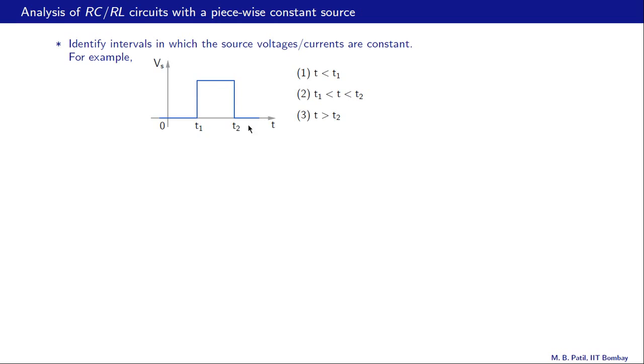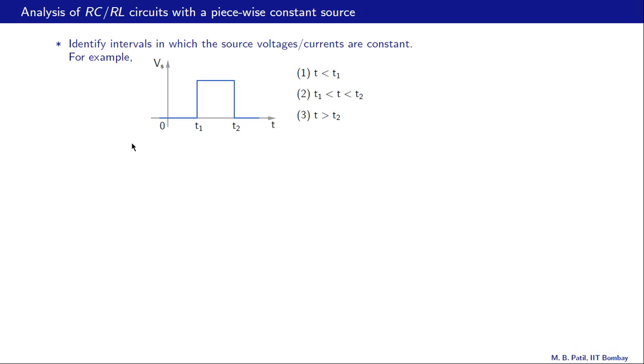For t less than t1, this voltage is 0. Between t1 and t2, it is non-zero, let's say 5 volts, and then for t greater than t2, it is 0 again. Let us see how we can handle such a situation.